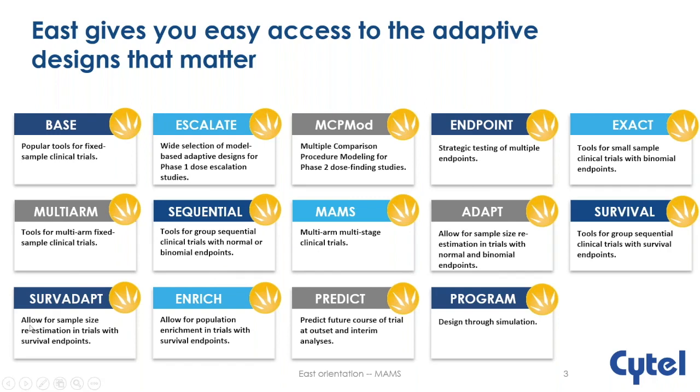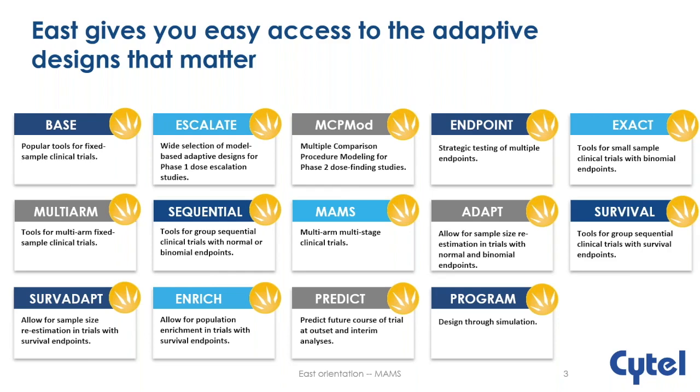But from that point onward, we scanned the literature, tried to keep abreast of the methods and try to cover the design needs of statisticians in the industry by including methods for early phase, like the escalate module, phase 1-2, like the MCP module, which is one of our latest additions, phase 2-3 designs, which is part of the MAMS module that I'm going to be covering today, and confirmatory designs, confirmatory group sequential and adaptive designs, as well as specialized designs that deal with multiplicity, either multiple arms compared to control or multiple endpoints.